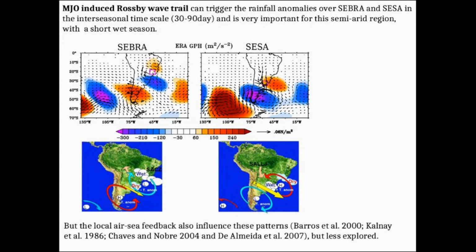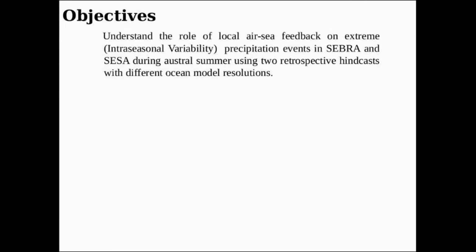It is well known that the MJO or teleconnection patterns create this kind of precipitation event, but recent studies are showing that the local air-sea feedback also has a strong influence on these events. This is less explored, so our study will focus on the role of local air-sea feedback on extreme precipitation events in SABRA and SESA during the austral summer.